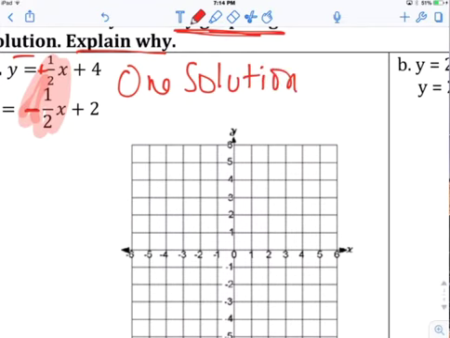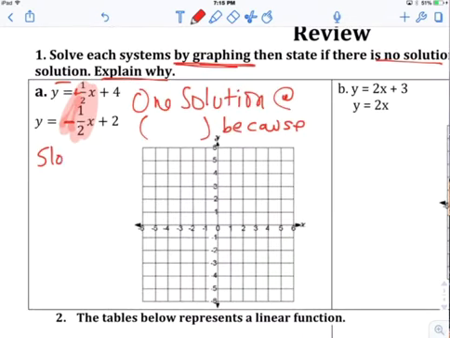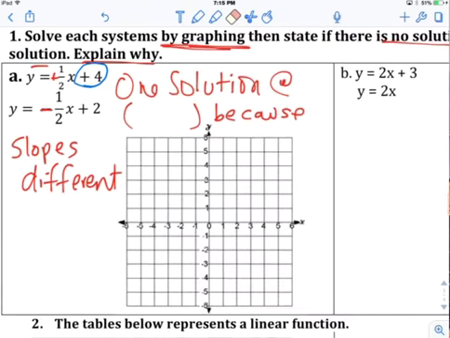We need to find where it is at because slopes are different. Okay, for sure. Let's graph it though. It says for us to graph. We start at the y-intercept 4. Y-intercept at 4.